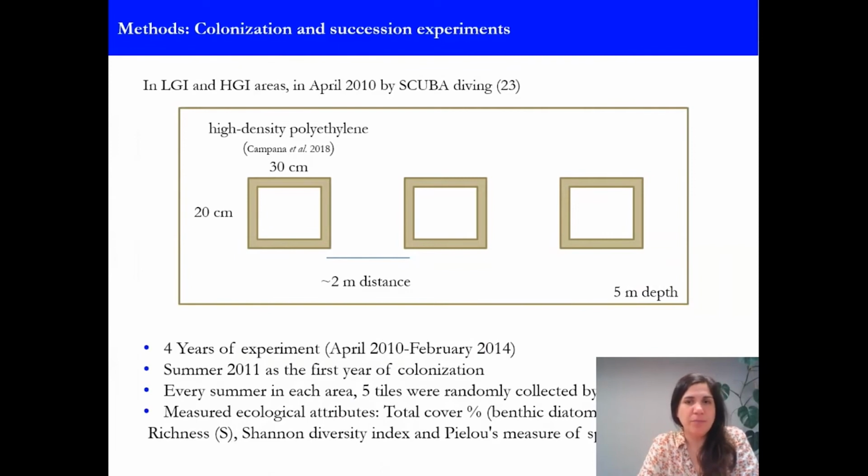We started in April 2010, putting these tiles, these artificial substrates, in the low glacial influence area and the high glacial influence area. 23 tiles were put in each area, and every summer 5 tiles were taken, and we analyzed the identity of the macroalgal species, the richness, and the percent cover.